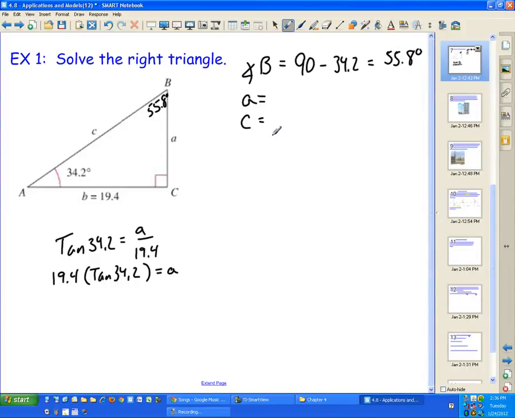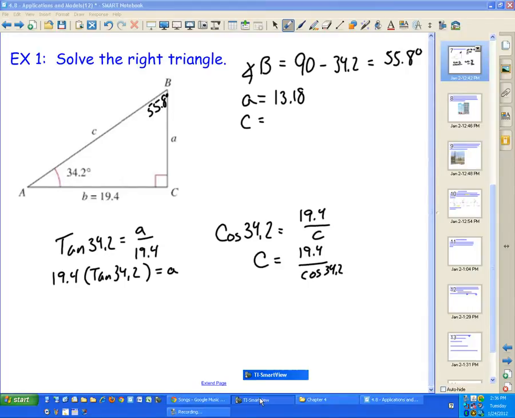So A is 13.18, and then to find C, I'm actually going to use cosine, because I don't want to have to use A, which was an estimated one. So to find C, I'm going to say the cosine of 34.2 will equal the adjacent, which is 19.4 over C. And remember that these guys can swap places to find C, so it's 19.4 over the cosine of 34.2.